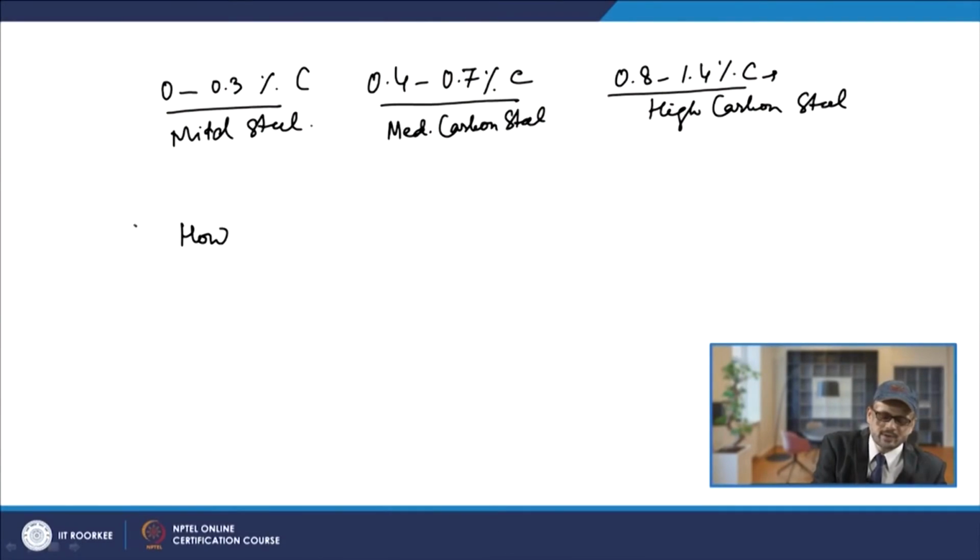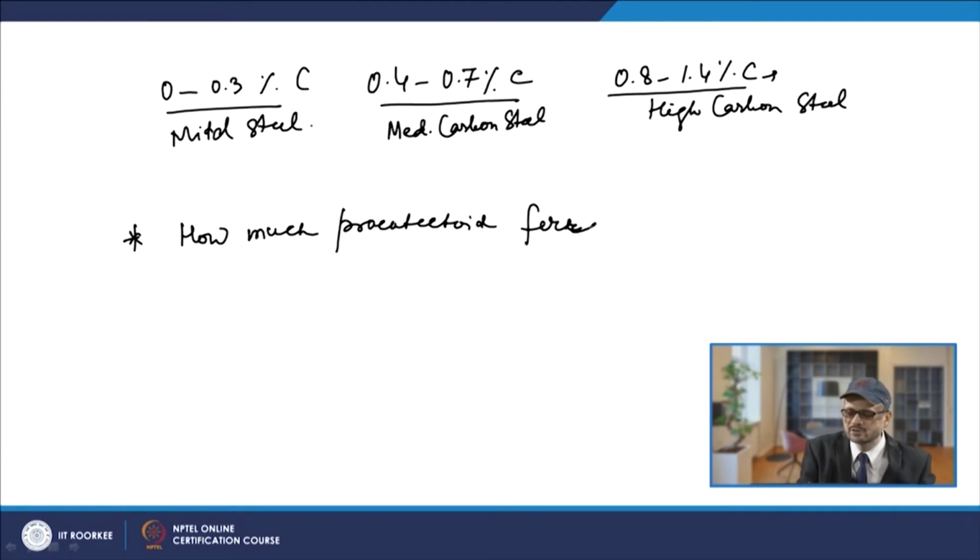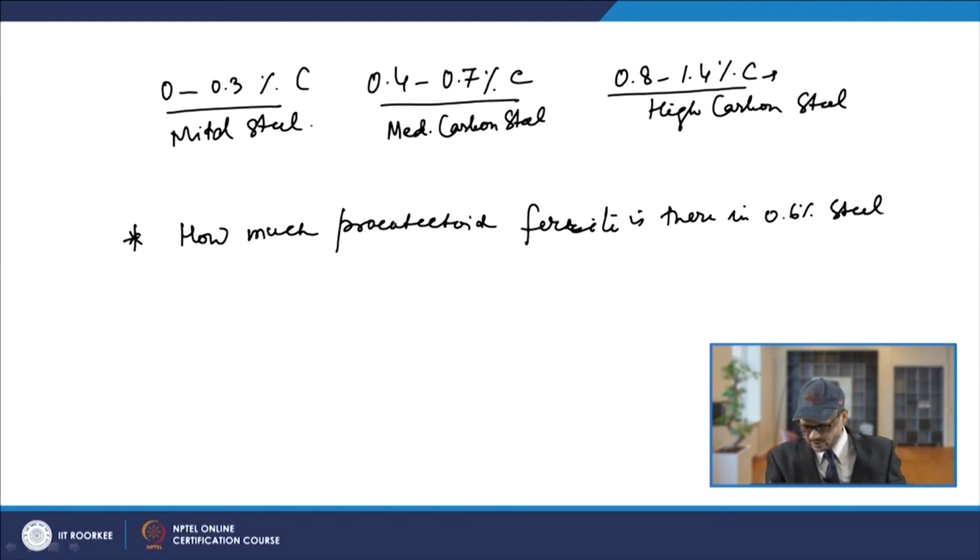Suppose you are asked how much pro-eutectoid ferrite there is in 0.6% carbon steel that is slowly cooled, and also how much will be eutectoid ferrite.